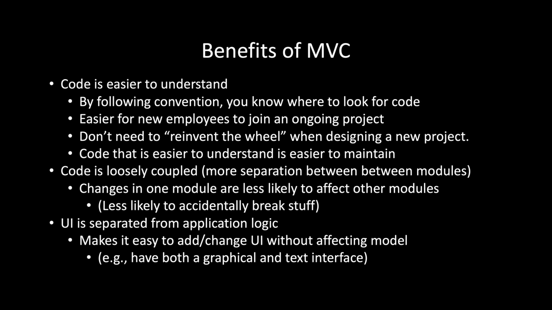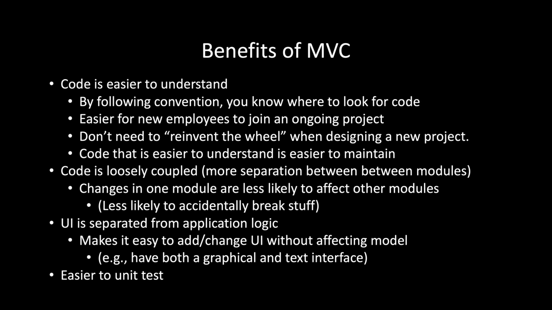It also means you can more easily do things like have a graphical user interface and a text interface. The more separation there is between the model and the view, the more you can focus on having those multiple interfaces. In the world of web design, that can also mean it makes it easier to have the same back end working with an Android or an iOS app.